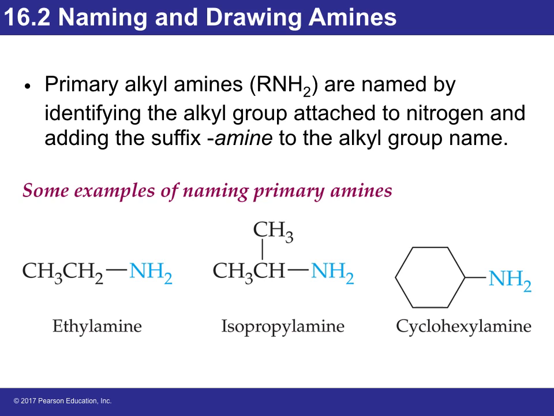Middle example, I have a carbon atom and then a CH3 on each side, so it's an isopropyl attached to an amine, so the name will be isopropylamine. And then you can even have a cyclohexyl, so 6 carbon atoms in a cycle, attached to NH2, that is cyclohexylamine.